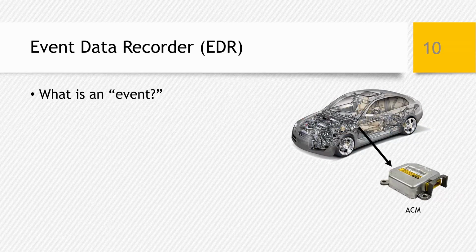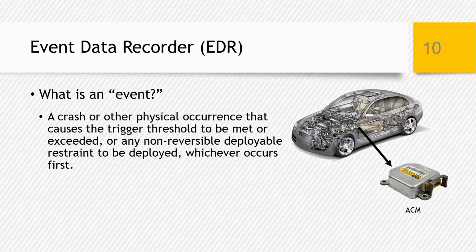So what constitutes an event as far as an event data recorder is concerned? Ken? There are various sensors in the vehicle that are monitoring what is happening around the vehicle as it drives down the road. And so when something bad happens, some physical occurrence, typically a crash, that causes a trigger threshold to be met.